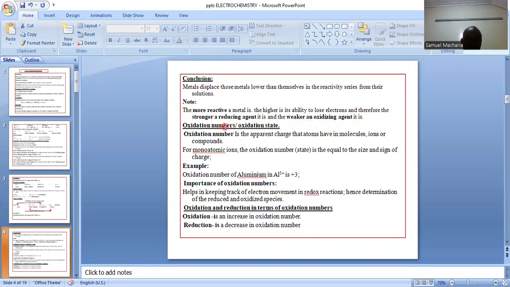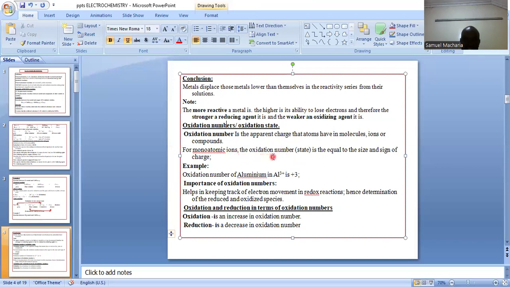I want us now to look at something else, another term we call oxidation number. Now, oxidation number is the apparent charge that an atom has in molecules, ions, or in compounds. For example, in monoatomic ions, the oxidation number is equal to the size and the sign of the charge.